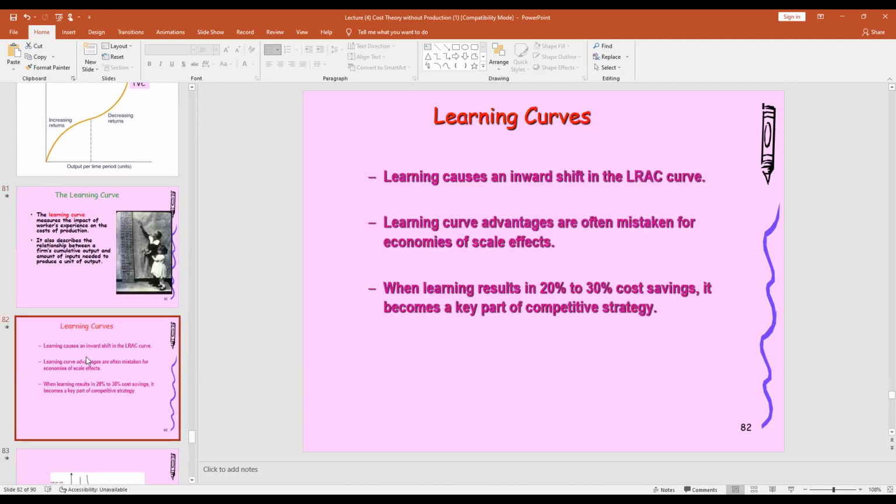For example, because of the learning curve, the LRAC shifts inward. It means that the long run average cost can be shifted to the left because of the learning curve impact. As long as we are getting experience, our mistakes would not be happening.